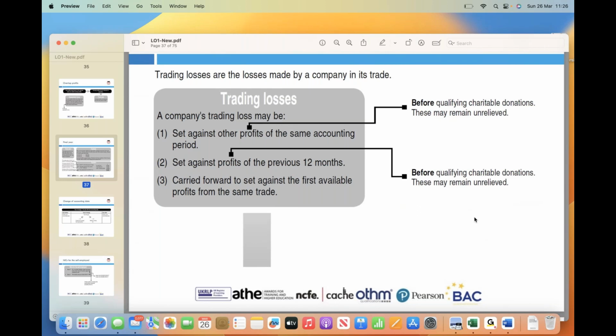The loss can be carried back and set against profit of the previous 12 months before the deduction of qualifying charitable donations. Any remaining loss after this can be carried forward to set against the first available profit from the same trade.